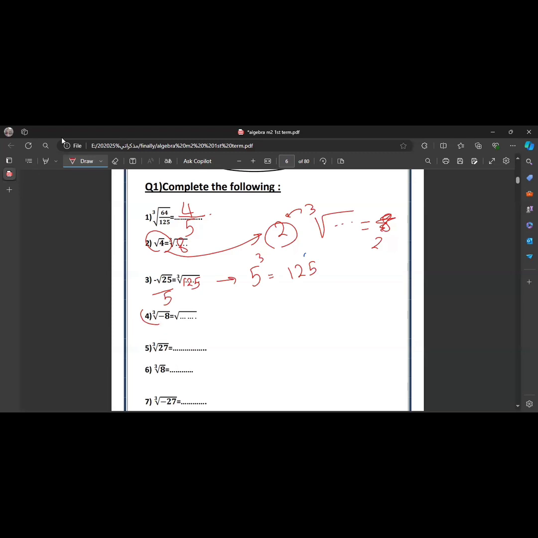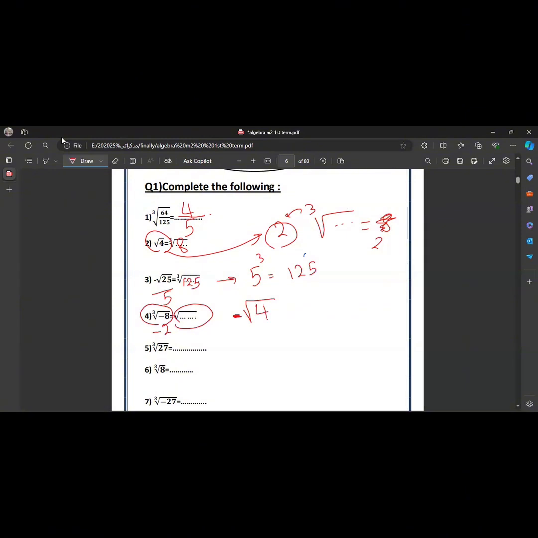The cubic root of 8 gives me what? Negative 2. But here I can't put any negative number inside the square root. So we can make the negative out of the square root and make here the root of 4.